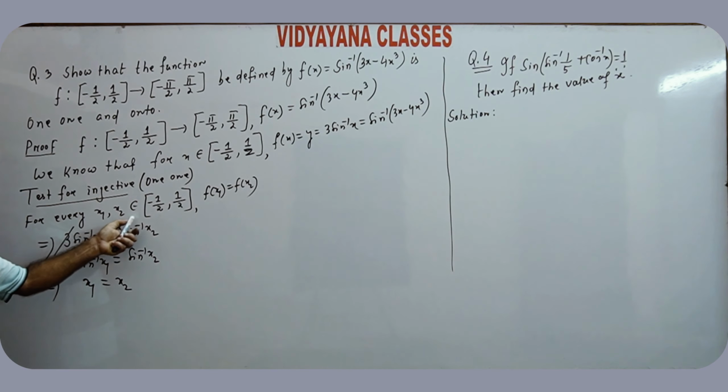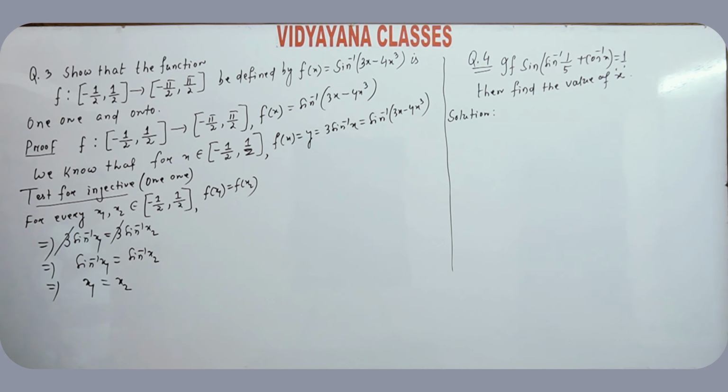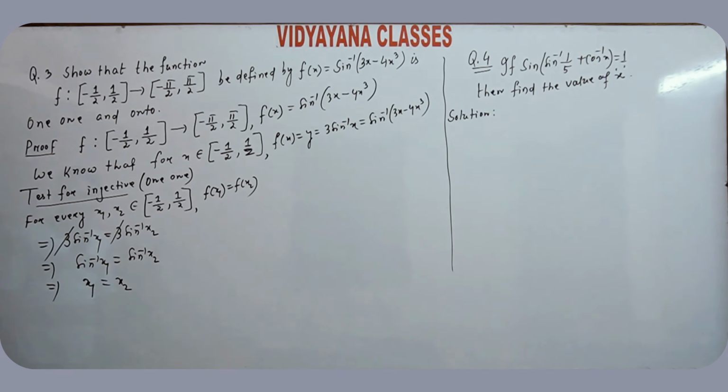For every x1, x2 belongs to the domain set, f(x1) is equal to f(x2) implies x1 equal to x2.